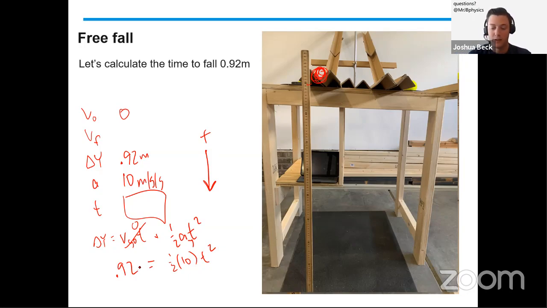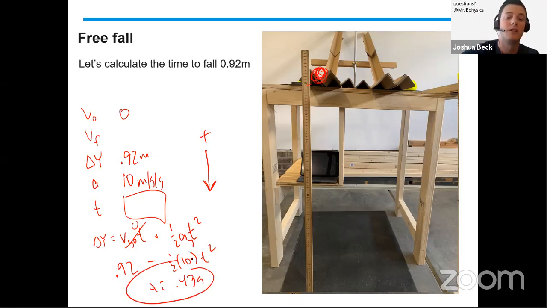If I take my calculator, 0.5 times 10 is just 5. So I take 0.92, divide it by 5, that equals t squared. Take the square root of that, and I get a time of 0.43 seconds. So somewhere between 4 and 5 tenths of a second for this thing to fall.